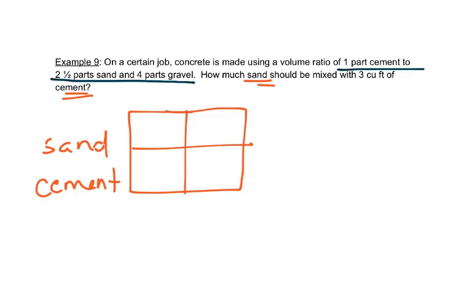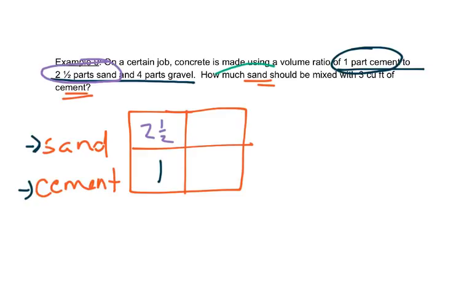So we need to find the part that goes with sand first. So here's the sand part, so 2.5. So we'd write that here. And then we want the part that goes with cement, and that's here. So it's 2.5 parts sand to 1 part cement, and the order that we wrote these two in doesn't really matter as long as we label it and keep track of where things are going.